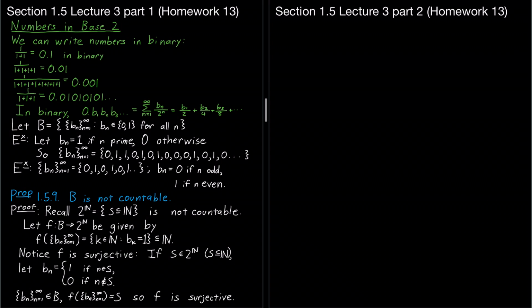And that just about wraps up the proof. If B is countable, then if there's a surjection from B to another set, then the other set has to be smaller.